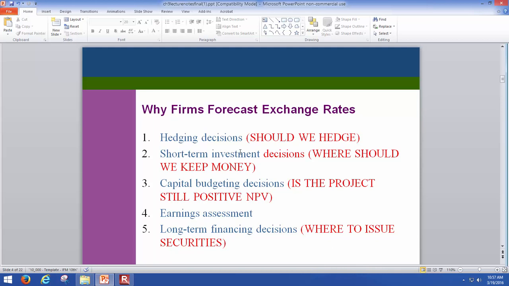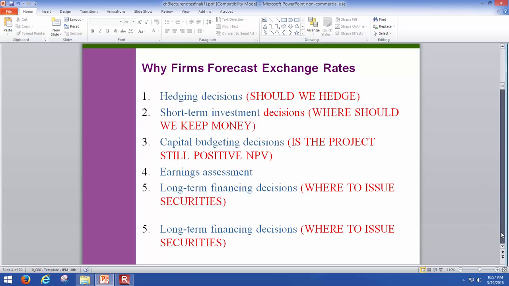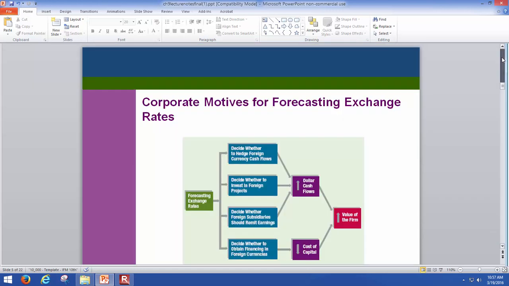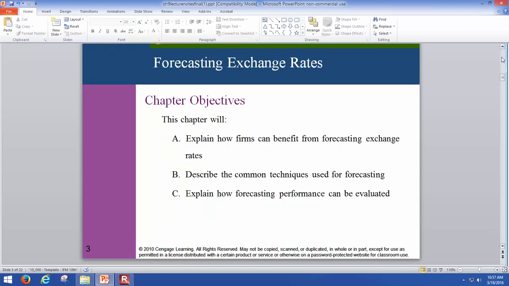And if you look at the hedging decision, the short-term investment decision, the capital budgeting decision, and the earnings assessment, all of these are used to perhaps increase the future cash flows. And all of them again will increase the firm value. Now we also talked about how firms can benefit from forecasting exchange rates. So they can use their forecast in all these things we just talked about.